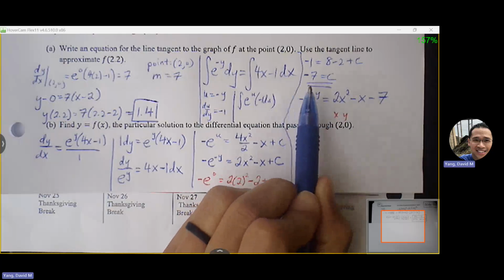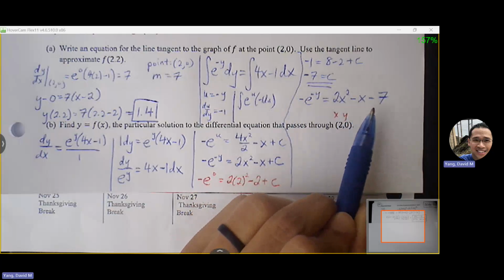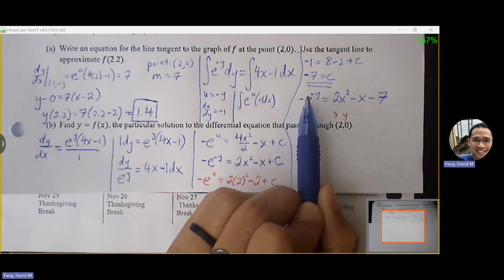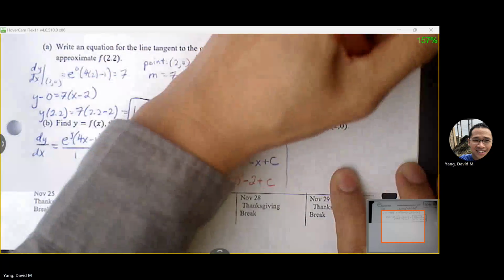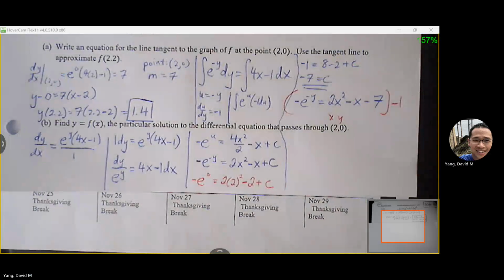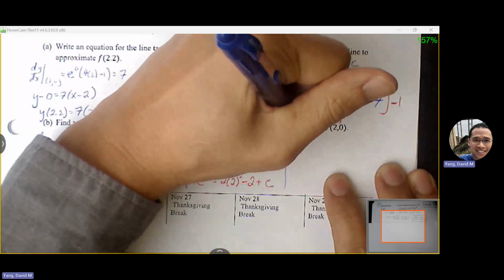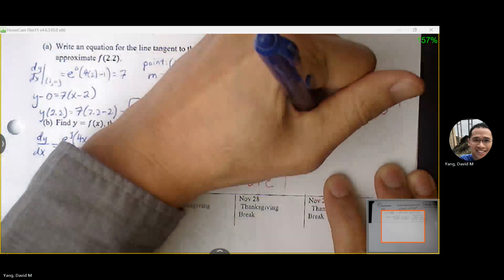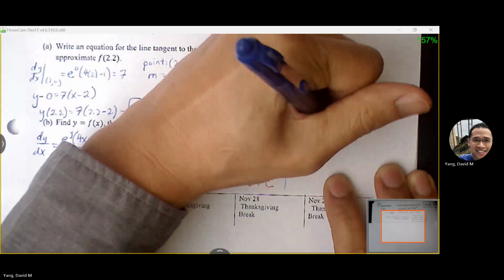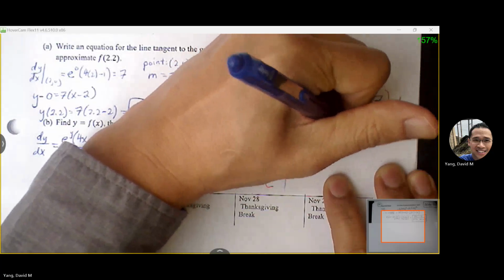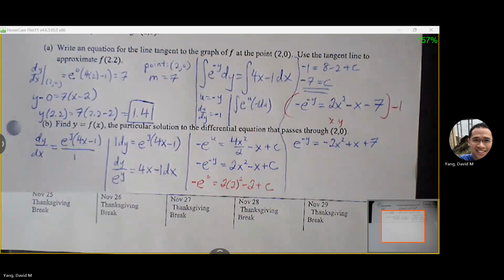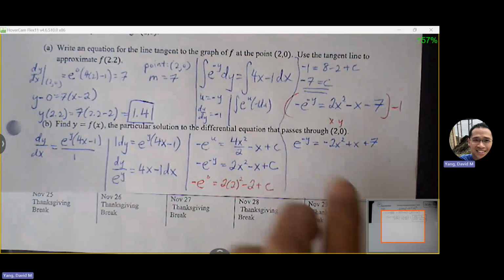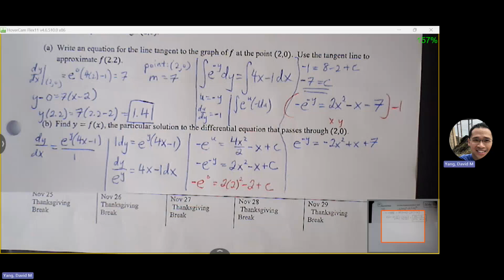So once I solve for c, I'm inserting it back into my original equation, and then whatever it's going to take for me to solve for y, I'm going to start off by making that negative go to the other side first, multiply everything through by -1. Take the natural log of both sides to allow for that exponent y to come down.